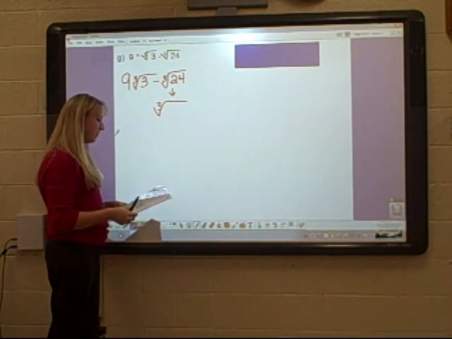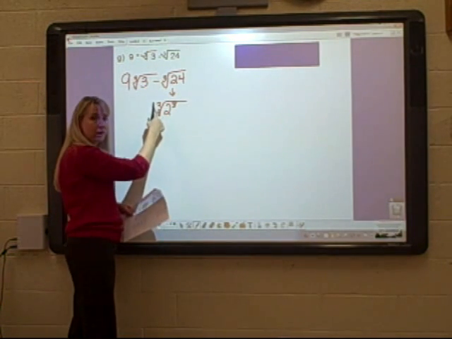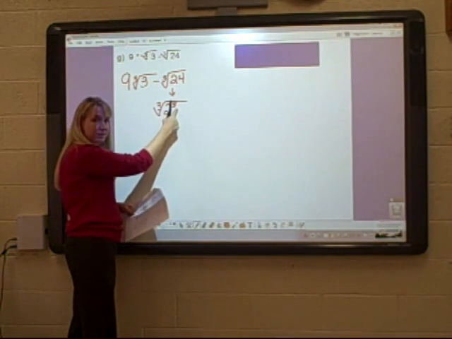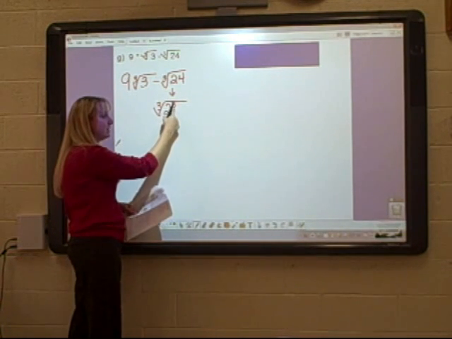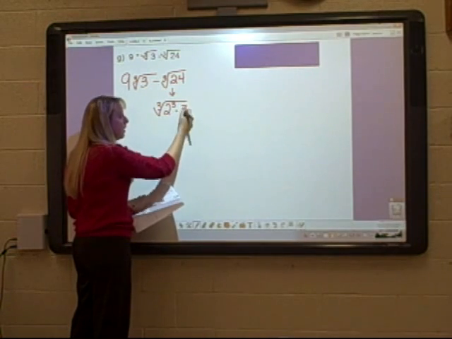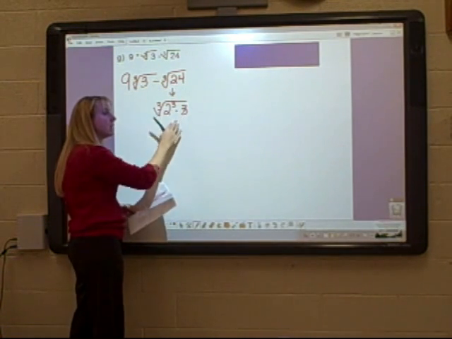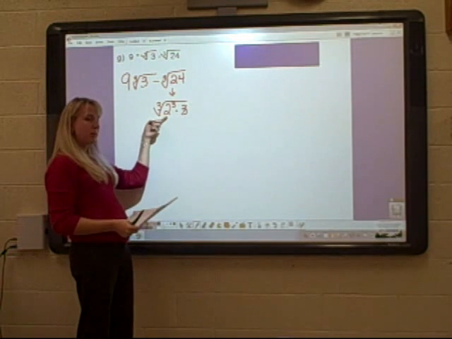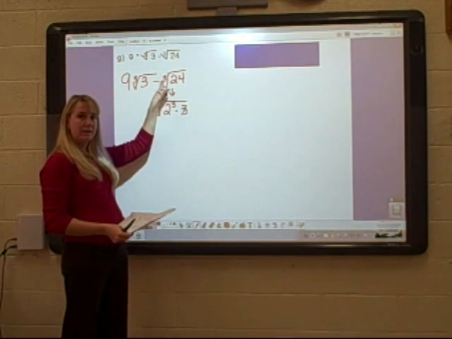If I think about 2 cubed, I really want to try to get this index number as my exponent. 2 cubed, 2 times 2 times 2 is 8, and then 8 times 3 gets that 24. So these are the same things. I'm just trying to come up with a number that has the same exponent as the index number.